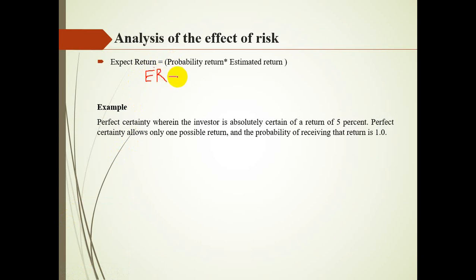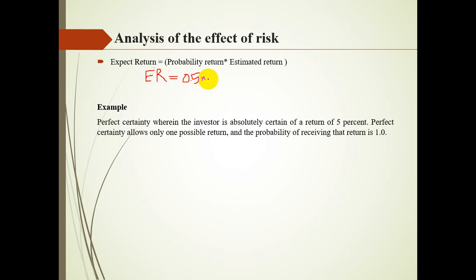ER is equal to probability. What is my probability? If you see a perfect certainty, where the investor is absolutely certain of the return, the return is 5%. So when we are writing 0.5, right? Multiply by what?